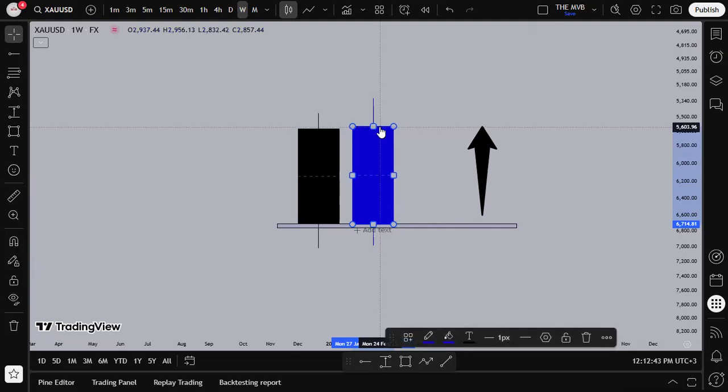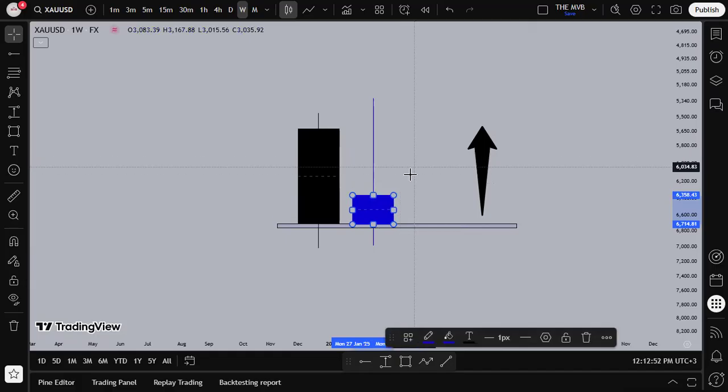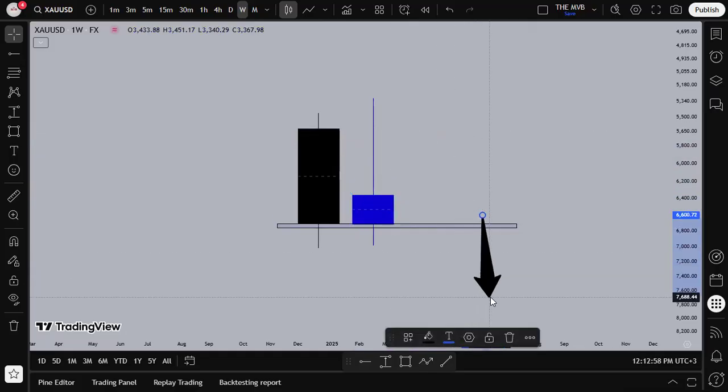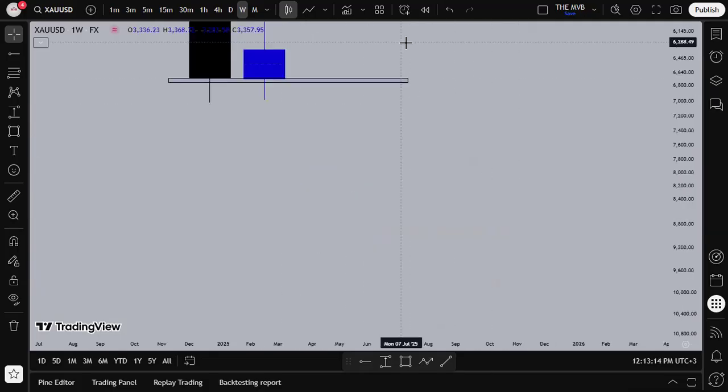That is a strong level. If it is below 50%, that is not a strong level. So the market may go bearish from there, or we can have a ranging market structure from that place. So that is how we identify whether the level is strong or not.